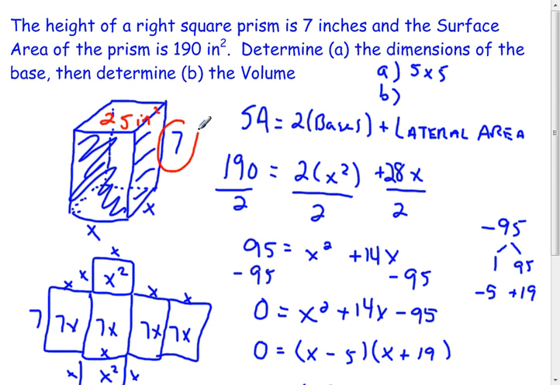We're going to multiply that by the height, which is 7. So 25 times 7 is 175 inches cubed. So I'll write out what I just did. Volume is the area of the base times the height, which is 25 times 7, which equals 175 inches cubed. All right, so there's example number 2, working backward with a right square prism.